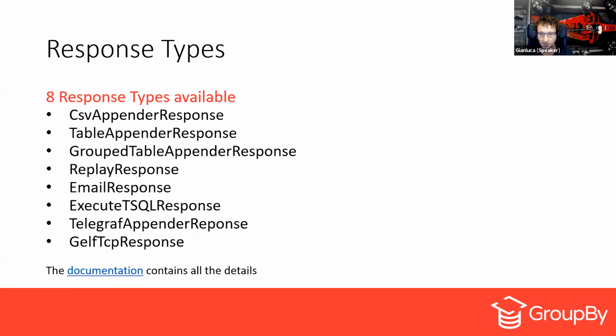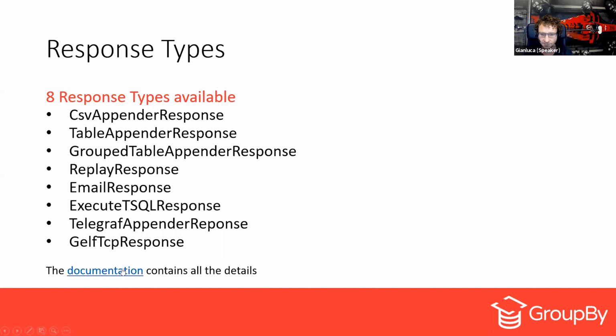And the way to write data to an InfluxDB database is by using Telegraf, which is the collection agent for InfluxDB. And another response type that is capable of writing to a NoSQL database is the GELF TCP response. This one can write to a Graylog database, which is a specialized database for storing and managing logs.